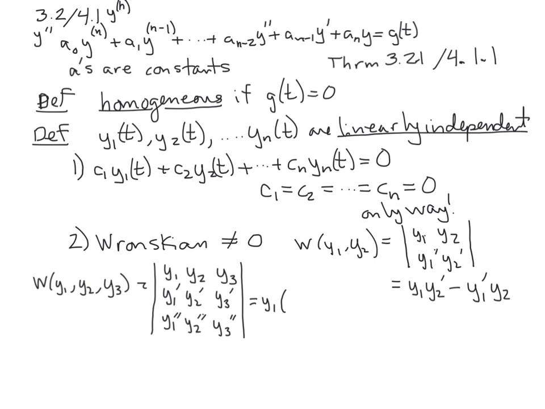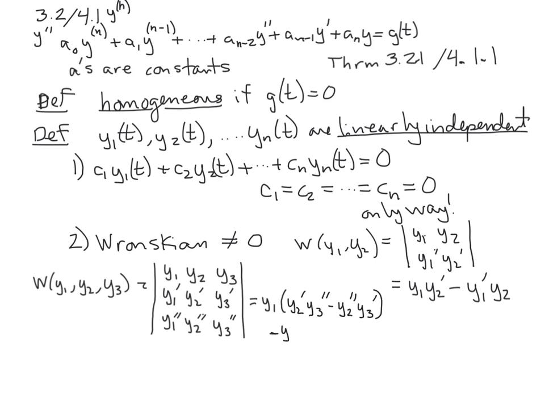Then what you do is ignore the first row and first column. What you're left with is this block on the lower right, and you find the determinant of that. So that is y2 prime, y3 double prime, minus y2 double prime, y3 prime. Now in finding this determinant, the signs change. I don't know if you remember this from cross product, but it was positive i and then minus j.